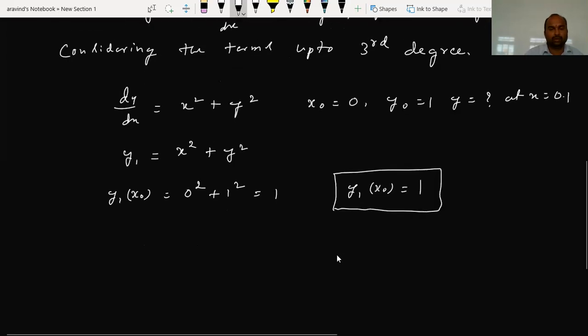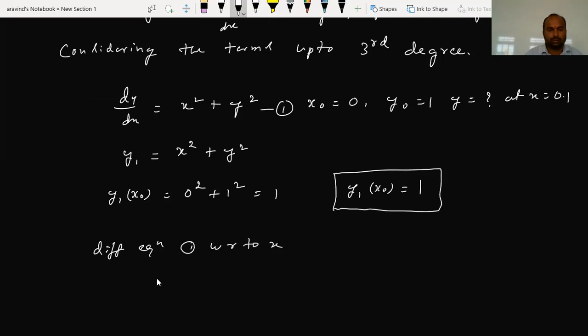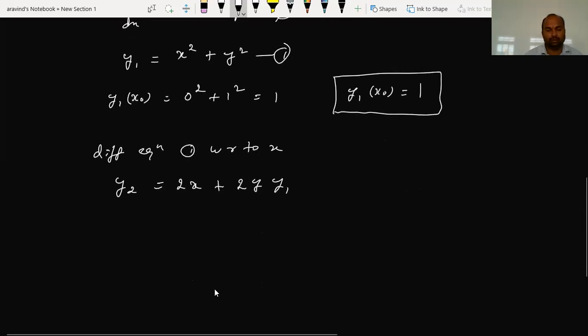So we got the first derivative value. Next, you can take this equation as 1 and differentiate equation 1 with respect to x. So it becomes y1 derivative is y2, x square derivative is 2x, y square derivative is 2y. Because we are differentiating with respect to x, you have to write y1.